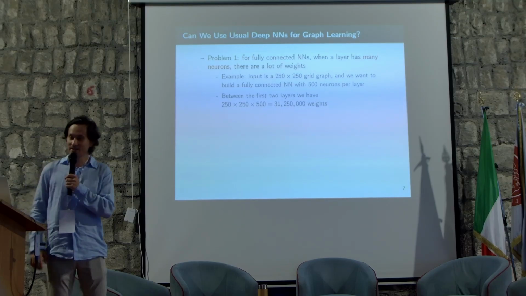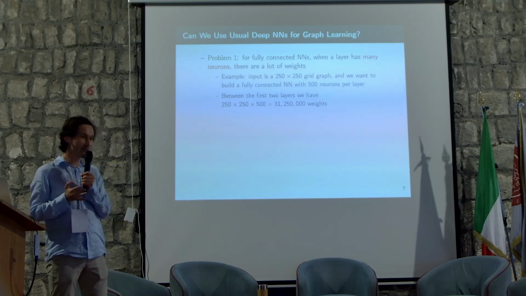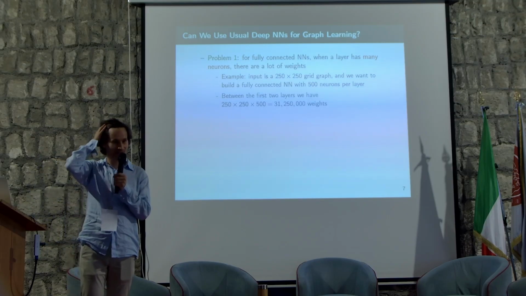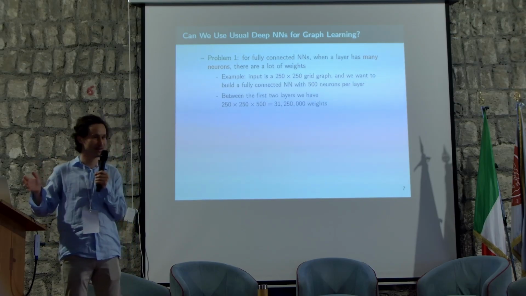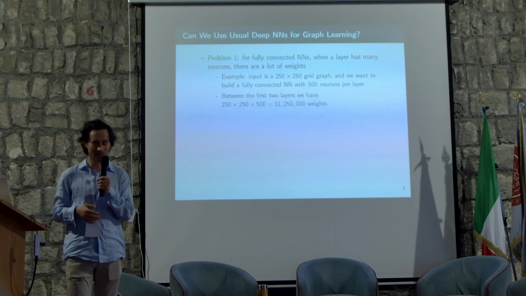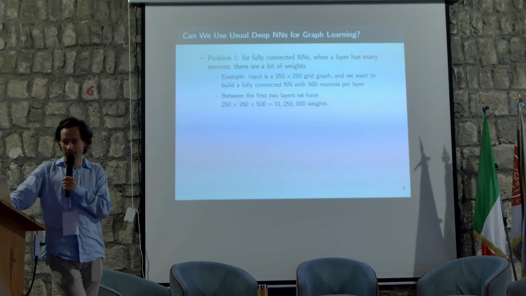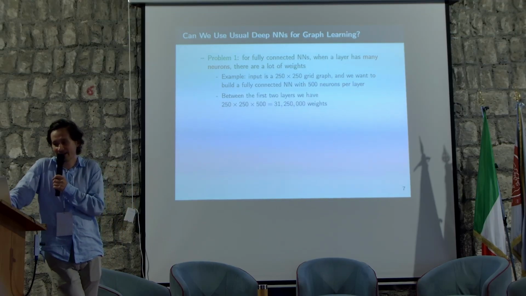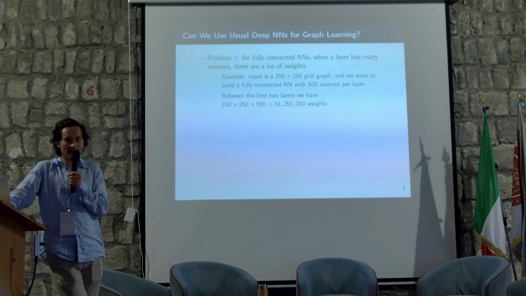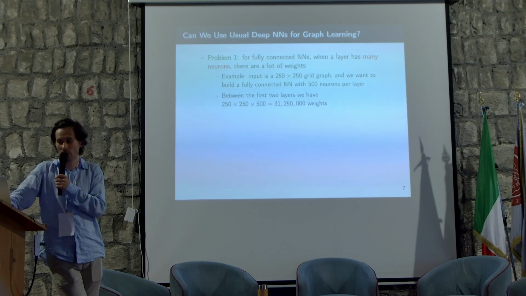Anyway, so the first question would be, okay, we have these graph embeddings. Why can't we use usual neural networks for this, right? Deep learning, right? Well, there are a couple of problems with this. The first problem is that for fully connected neural networks, we may need a lot of layers and a lot of weights to learn.